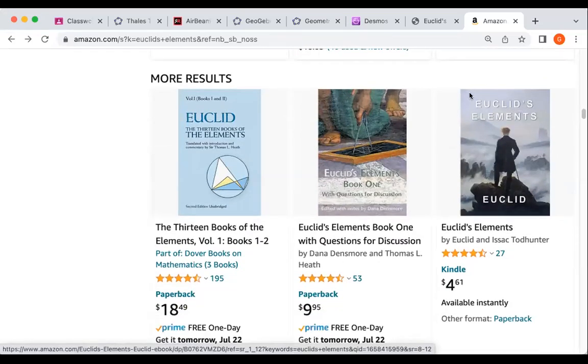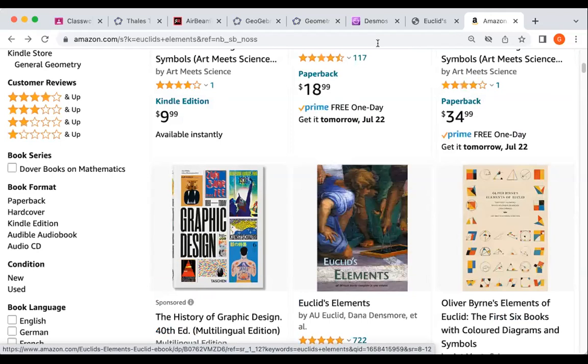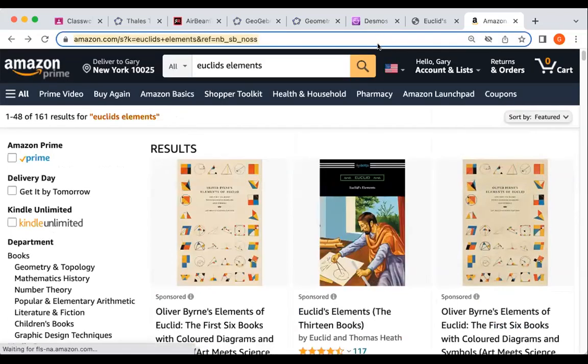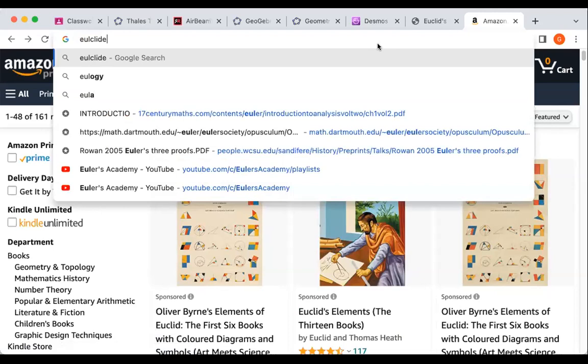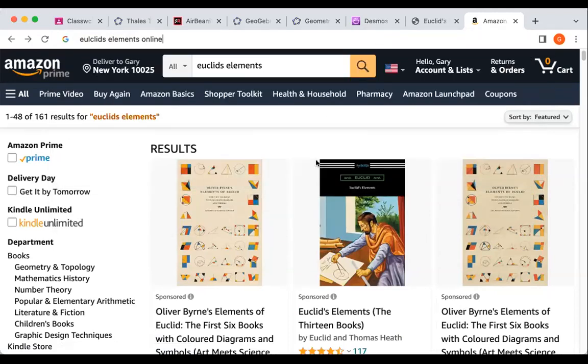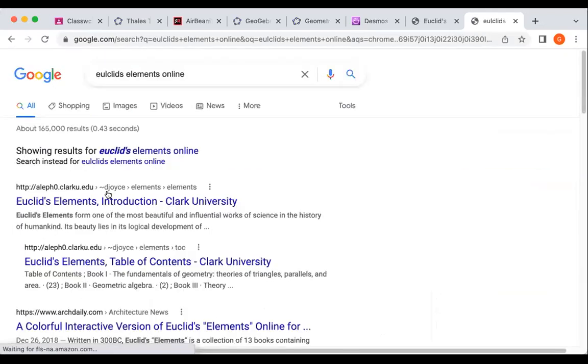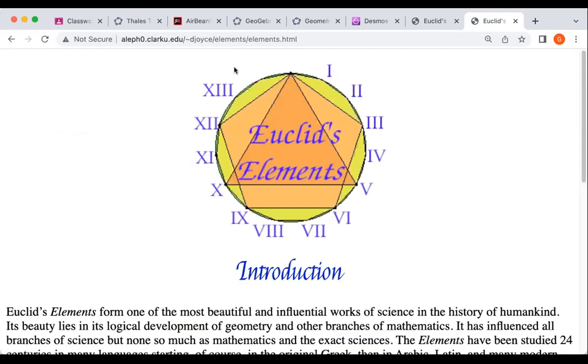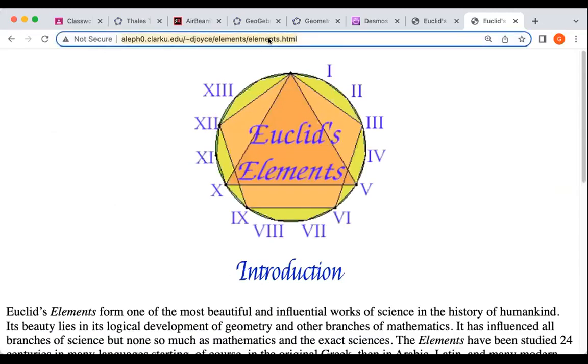Now, for completely free, you could type in Euclid's Elements online, and you'll get this one, by Professor Joyce. Let me put this into the chat.